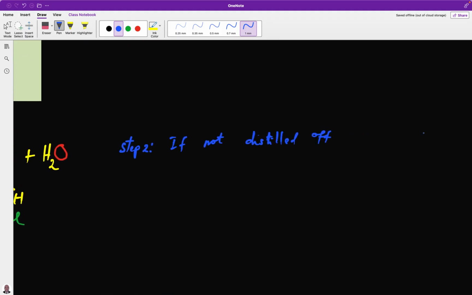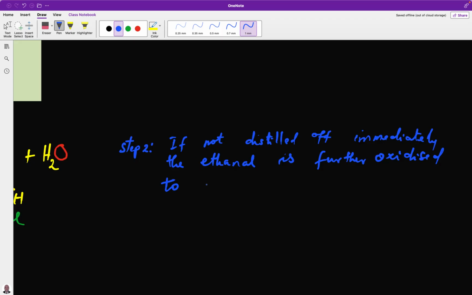The product is further oxidized to a carboxylic acid, that is ethanoic acid.